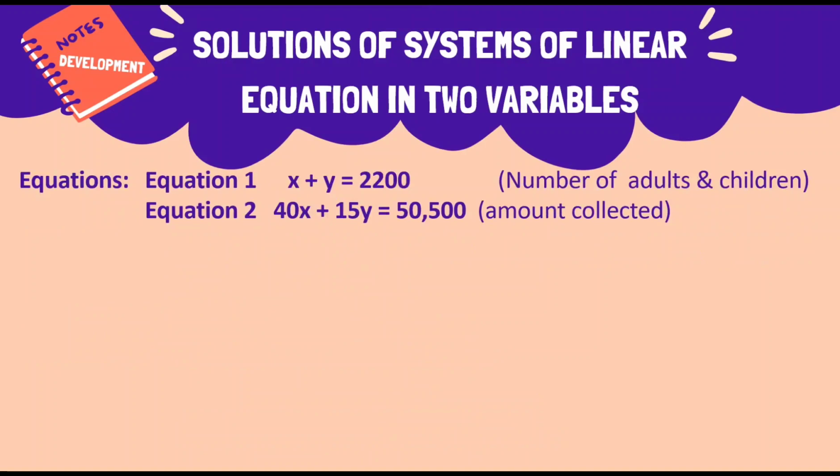So we can have the generated equations. For equation 1, we have x plus y is equal to 2,200. We have considered or categorized as the number of adults and children. Kasi diba, ang adults natin, i-represent natin siya as x. And then, ang ating children, i-represent natin siya as y.